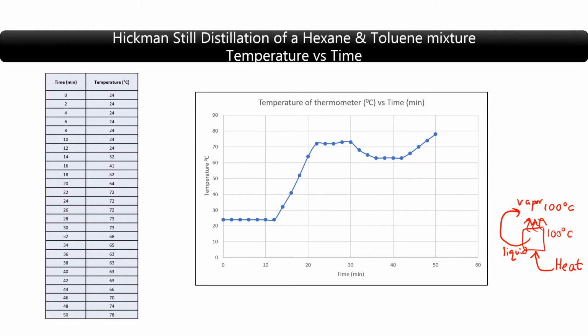So overall, we see as if there is no temperature change happening, because as long as this is boiling, the heat that we supply is used up in this phase conversion from liquid to vapor. So if we were measuring the temperature with the thermometer, it feels like there is no temperature change happening. So while all the hexane actively boils, we do not observe a temperature change in the thermometer.